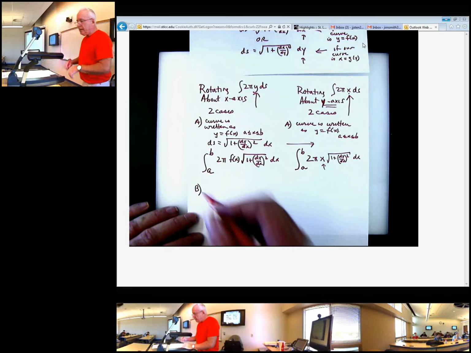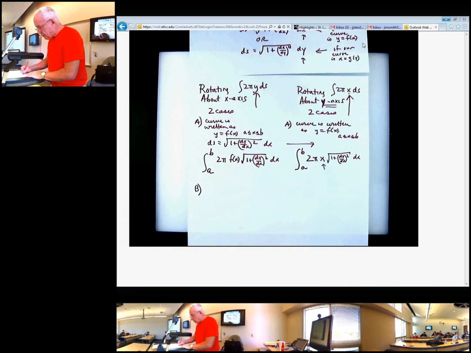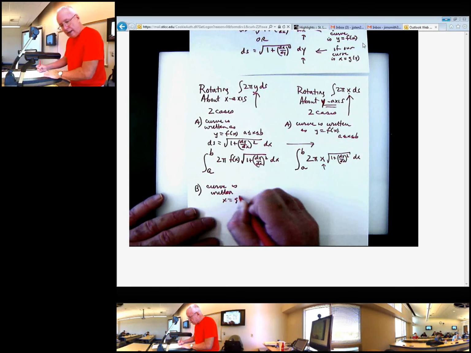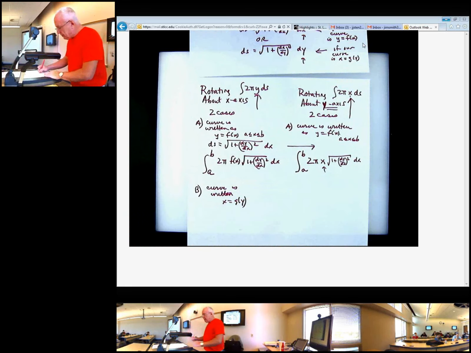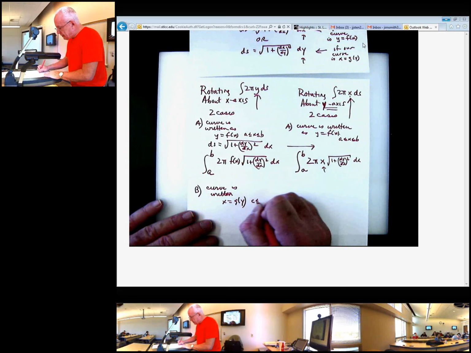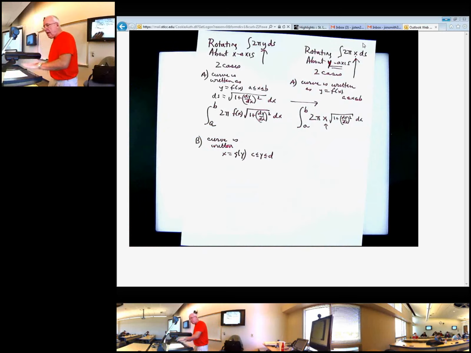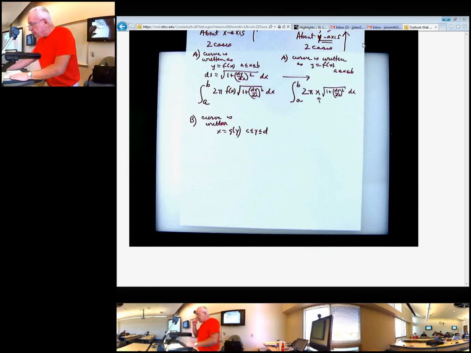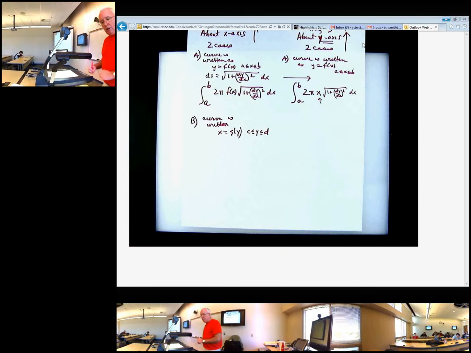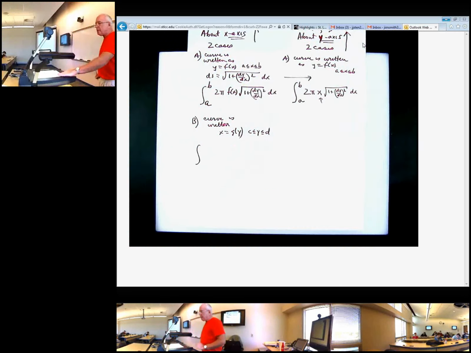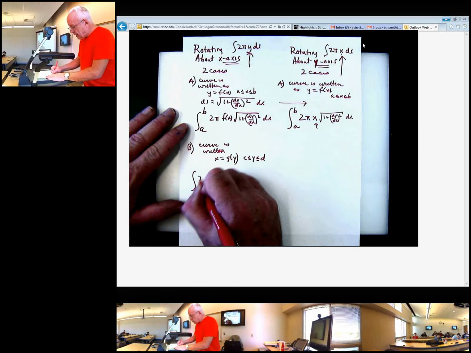Then the second case here is if the curve is written as x equaling a function of y, and therefore we would be given the limits for y going from, say, c to d. And then we use our same formula that we have up here. Notice our formula up here, we're rotating about the x-axis, so it's 2 pi.